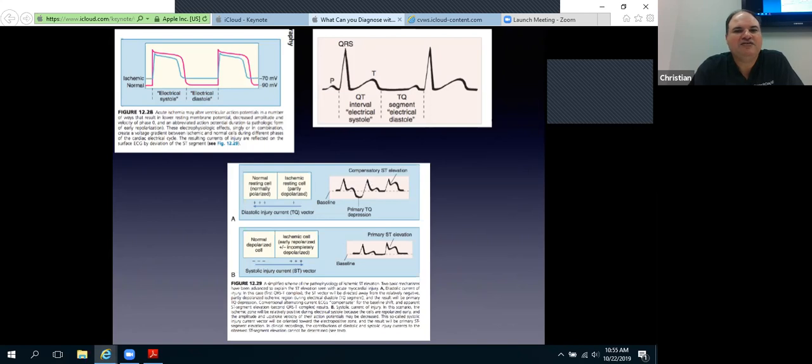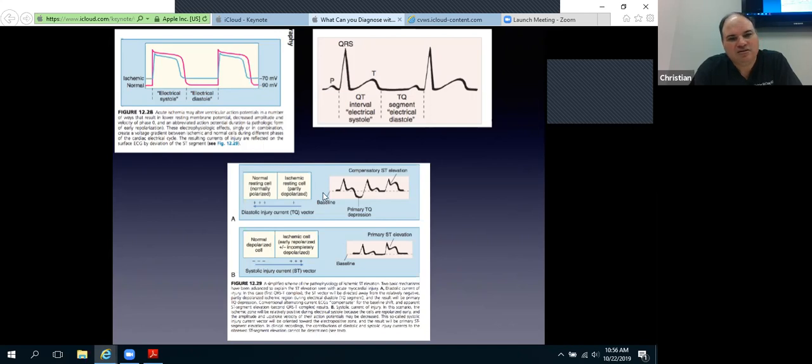So again, in ST elevation infarct, think of this as a diastolic infarct, and you're seeing obvious diastolic injury, where the ST segments are going to kind of be pulled up, right? So a normal resting cell that's normally polarized, you have a lot of negative potential and then increased sudden positive potential. In an ischemic resting cell, it's only partly depolarized, and therefore it remains at a higher level.